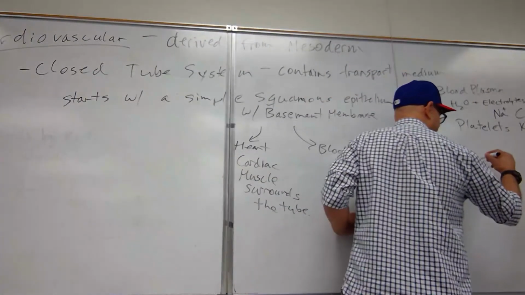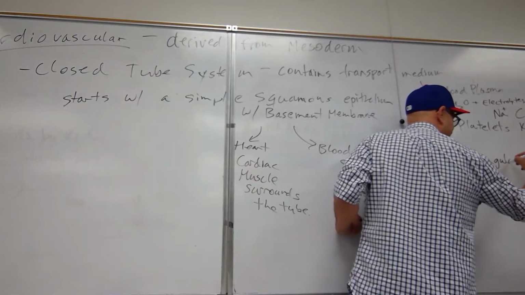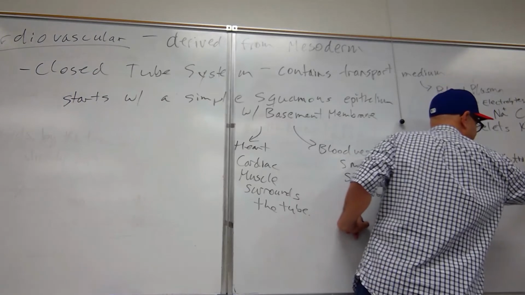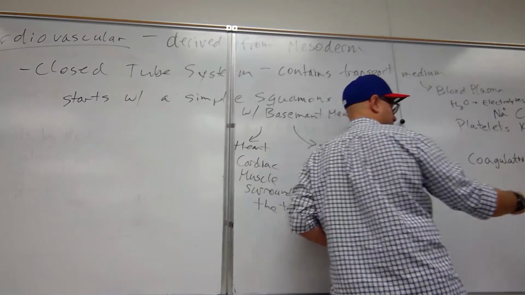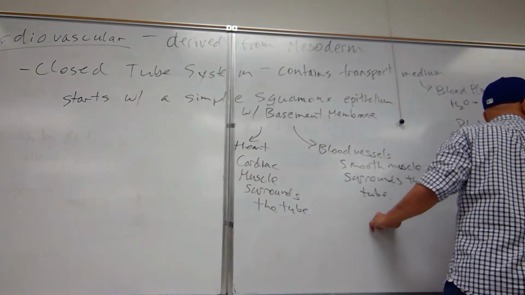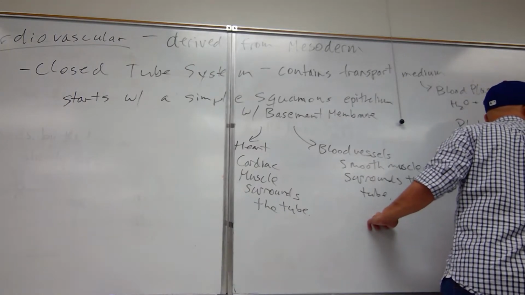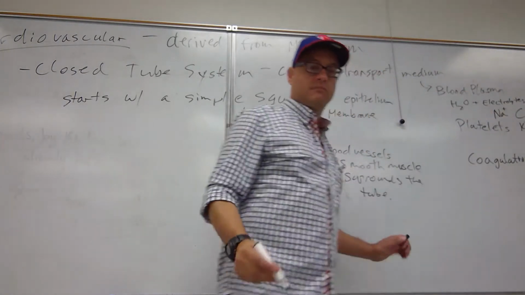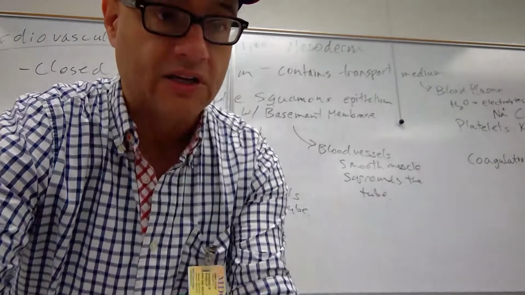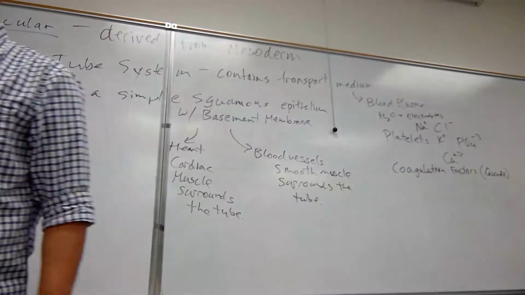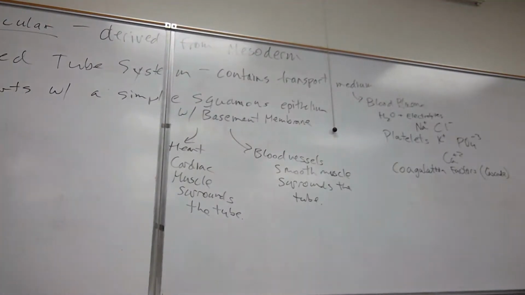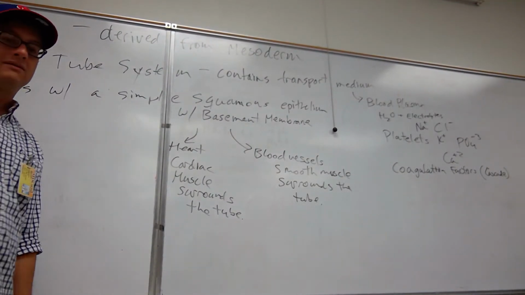Oh, got you guys. Coagulation factors, also known as the coagulation cascade. What do you mean by cascade? Anyone? Let me take a shot. What do I mean by cascade?